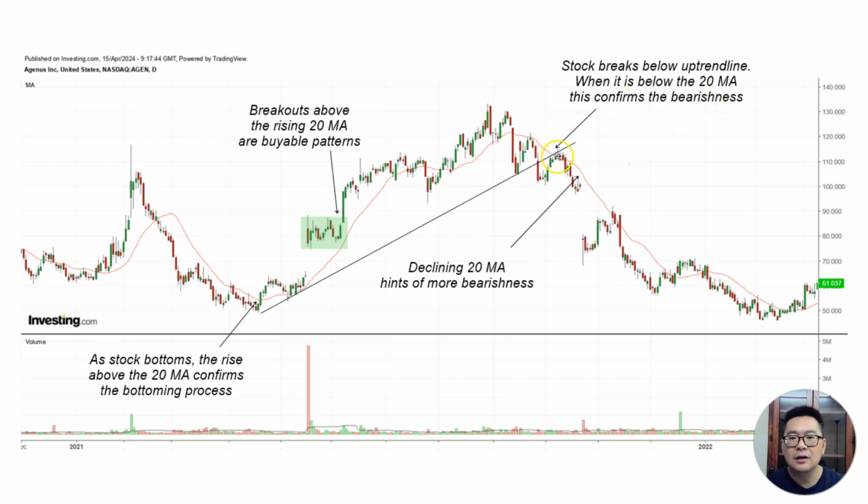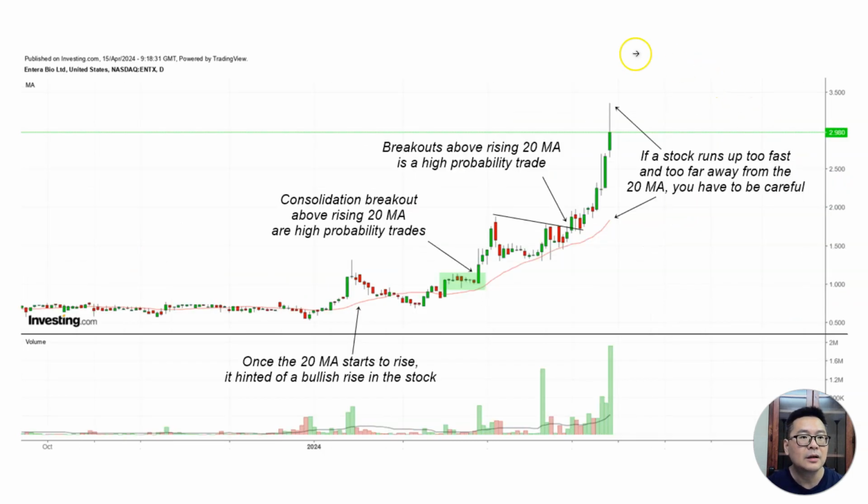And look, declining 20 MA, and look where the stock goes, all the way down, right? From even at this point, 100 over bucks to 50 is, wow, a very, very bearish move, almost 50% of price loss. So Intera Bio Limited, up and down the 20 MA, it was flat, sideways trading, which told us not to touch the stock, and then here it started to rise.